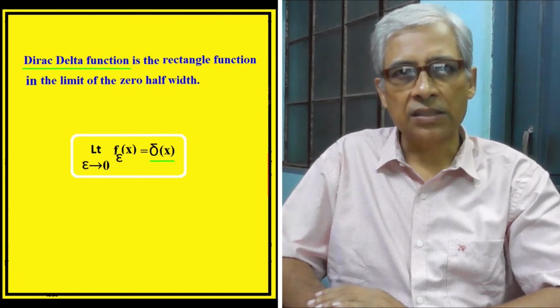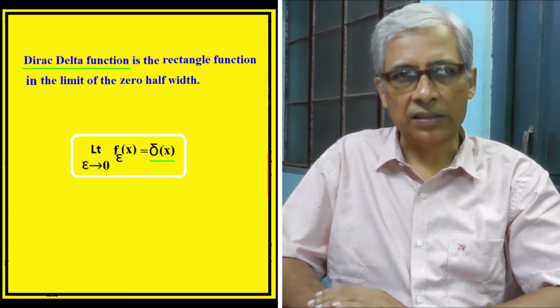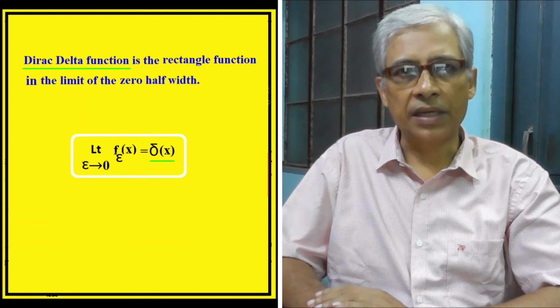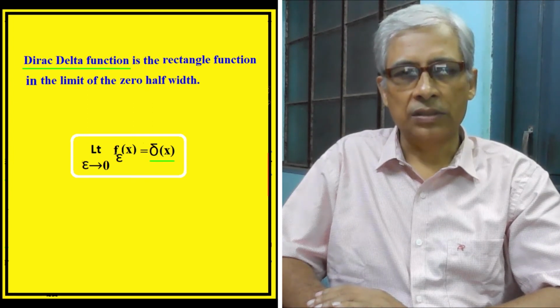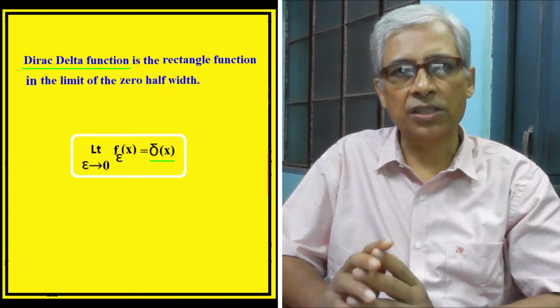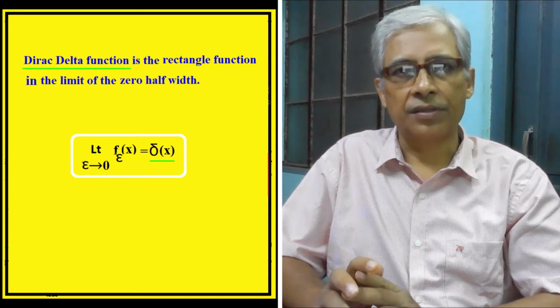And the relation says that if we make half-width epsilon 0, then f of x is to be denoted by delta of x and is named the Dirac Delta function about x equal to 0, denoted by delta of x. In other words, the rectangle function becomes the Dirac Delta function at 0 half-width.